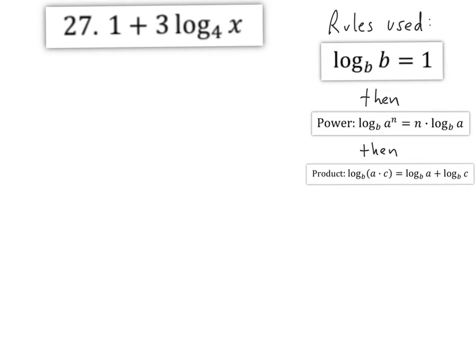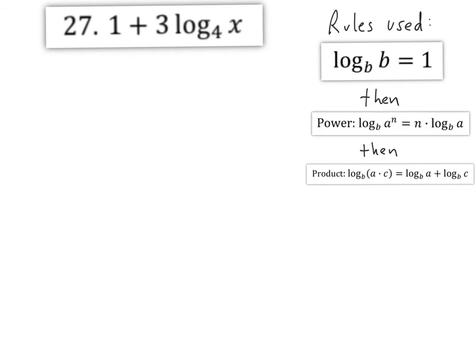Okay, I was going to not do this one and see how many people got this problem. This might be the trickiest, especially the first step is tricky. So if we want to make this all into one log and get rid of that addition, the only way you can really add a log to something is if it's two logs with the same base.